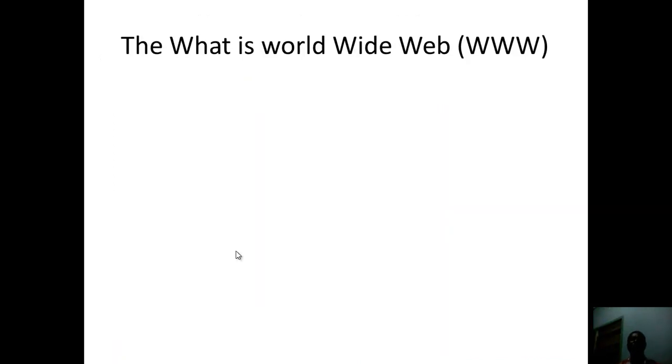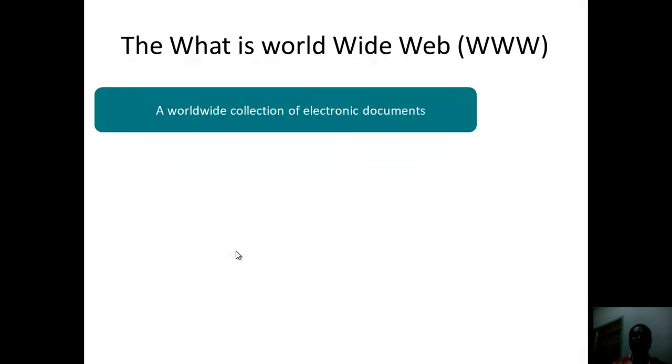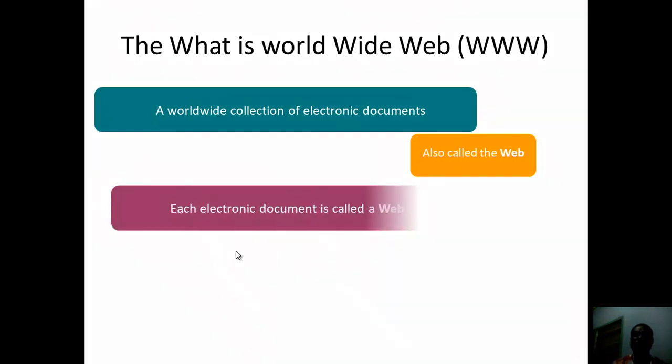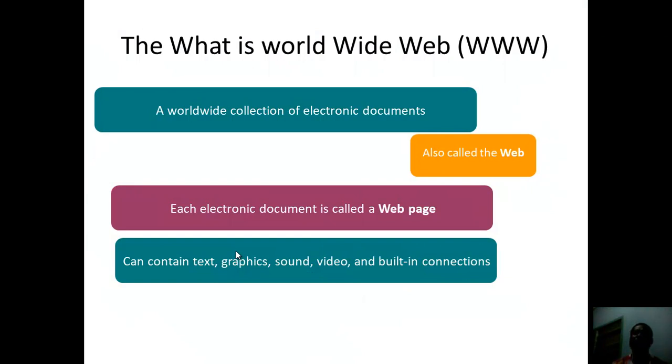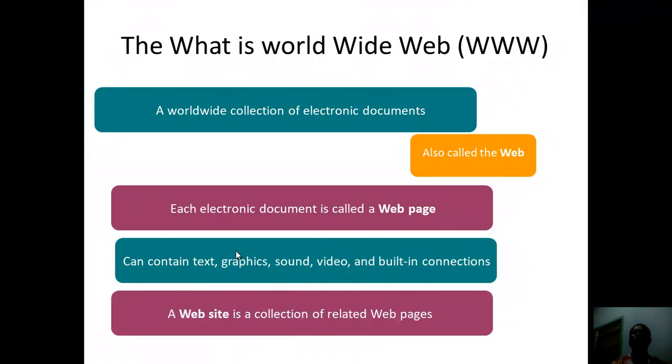Now, let's look at the World Wide Web. The World Wide Web is a collection of electronic documents and is also called the web. Each electronic document is called a web page. So normally, when you browse the internet, you're browsing documents, pages containing several data. When you search using Google, it goes through several pages on the internet looking for whatever you wish to find.